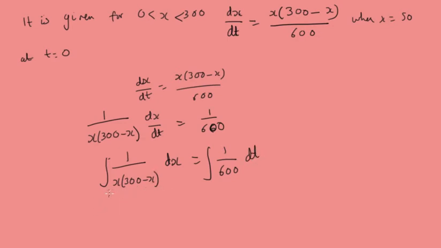Now, we're going to play about with this expression here, and we're going to take out 300, and we're going to have 1 over x plus 1 over 300 minus x dx, equals 1 over 600 dt.